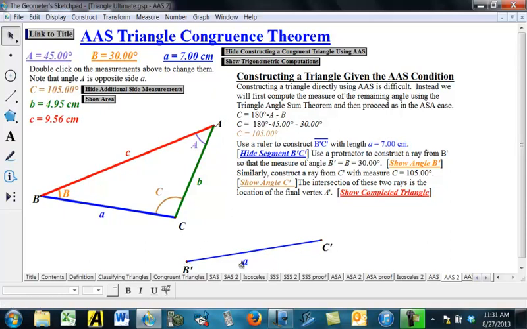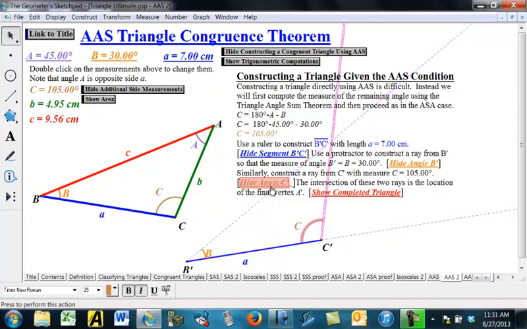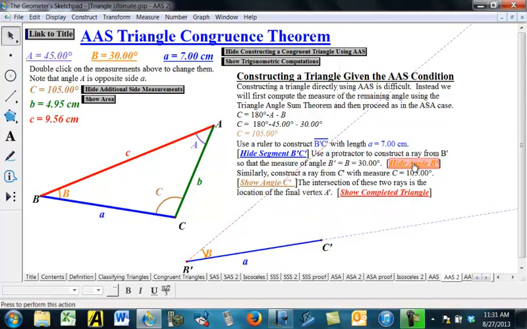We've got B here at B and C is at C. We've got the angles on each side. So we'll take the one that's listed next to it, the 30 degrees, and make that at one end. Then the one we computed, 105 degrees, put that at the other end. And then where those two rays cross, and they should only cross once, that's going to be the way you complete the triangle.